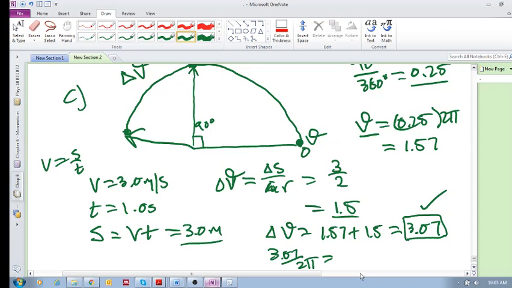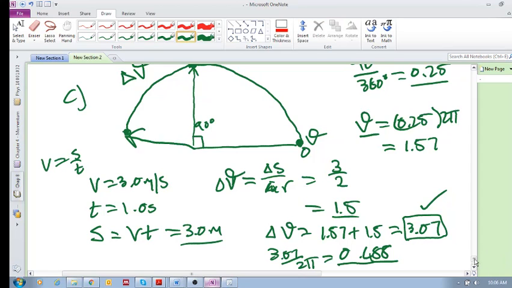So 3.07 divided by 2 pi, I get 0.488 or 0.489. So what is this telling me? It's telling me that I've almost traveled 50% of the circle. As you can see, it's right there.